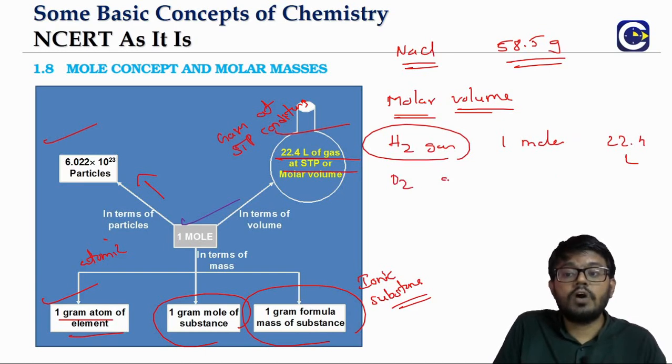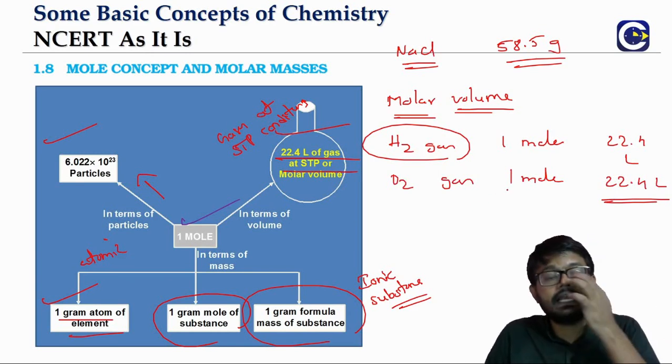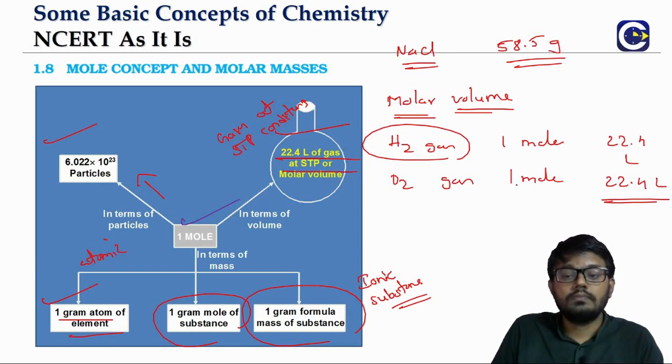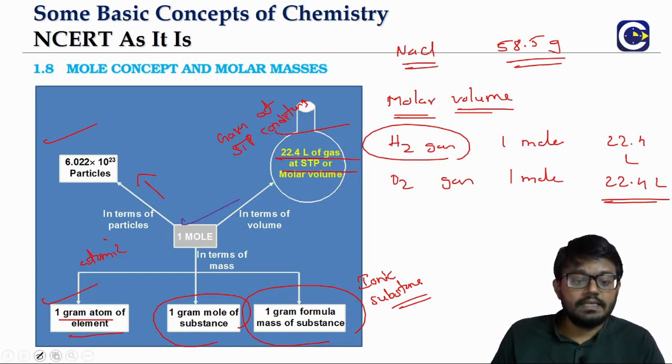You take 1 mole of oxygen gas at STP, how much volume is it going to occupy? Same. So any gas you take, 1 mole of the gas at STP conditions will occupy 22.4 liters.